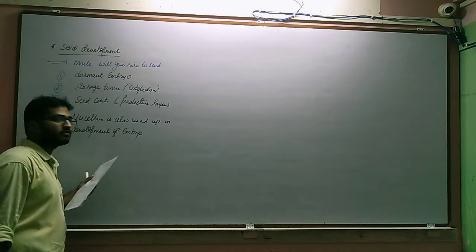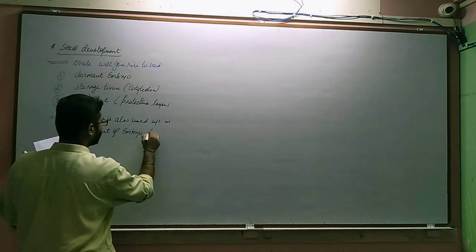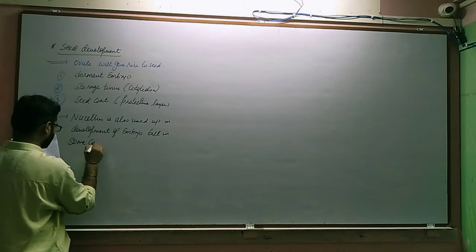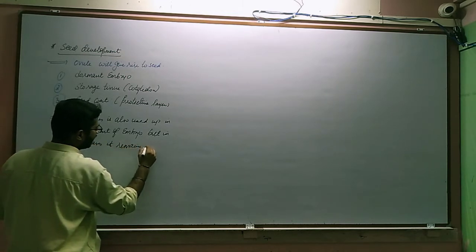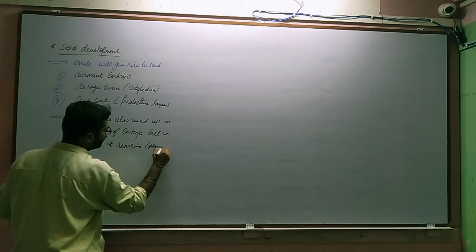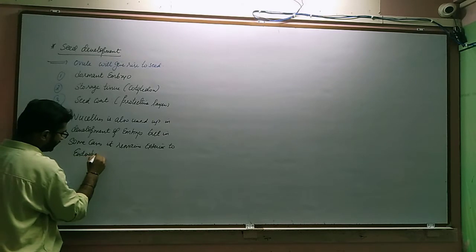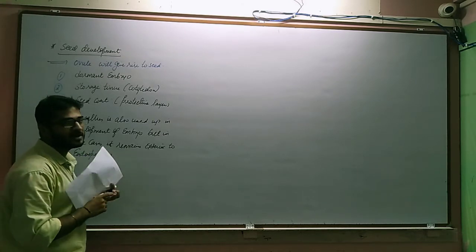So the nucellus gets used up in the development of the embryo, but in some cases it remains exterior to the endosperm, and such seeds are termed perispermic seeds.